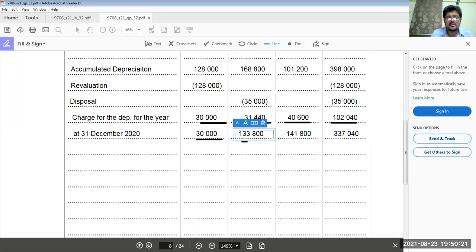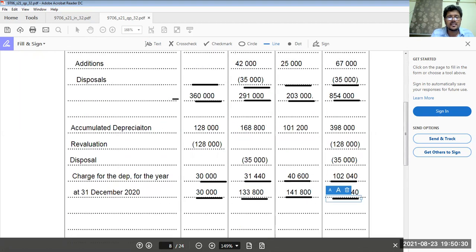Now the net book value: 360 minus 30. Then 2,91,000 minus 1,33,800.